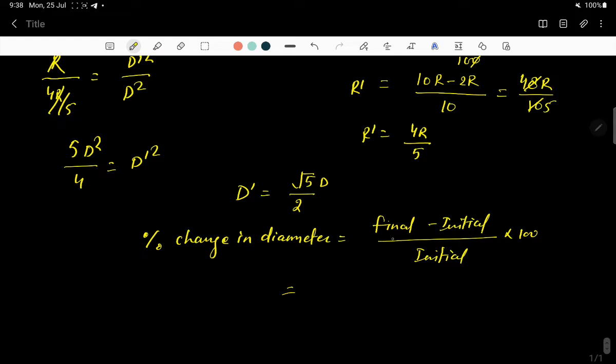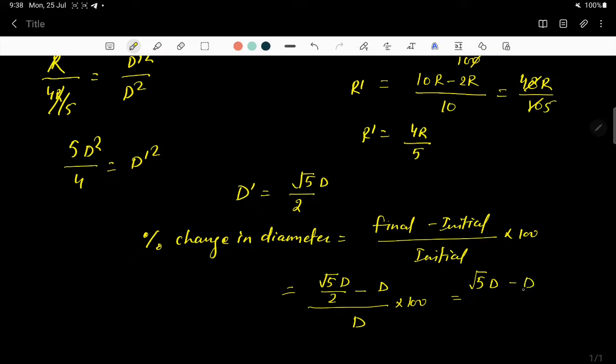So here we put the values: the final diameter is root 5 d by 2, minus the initial diameter d, upon d, into 100.